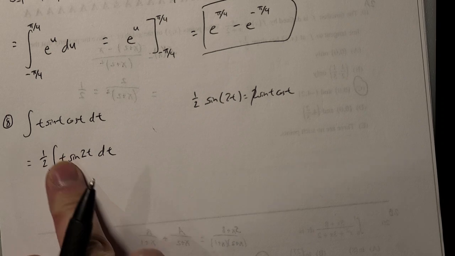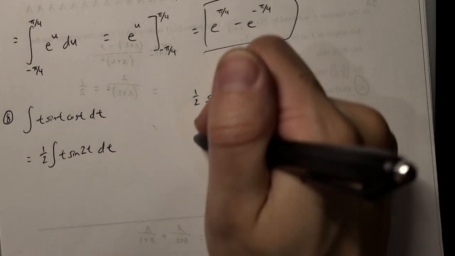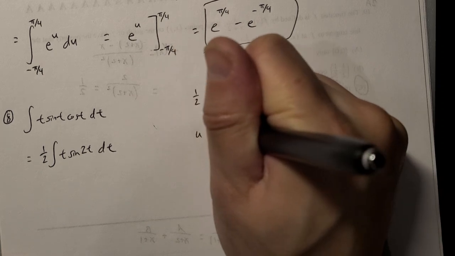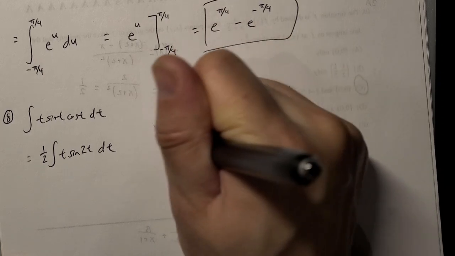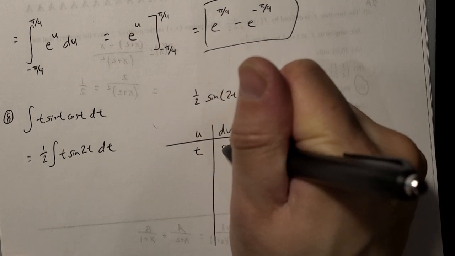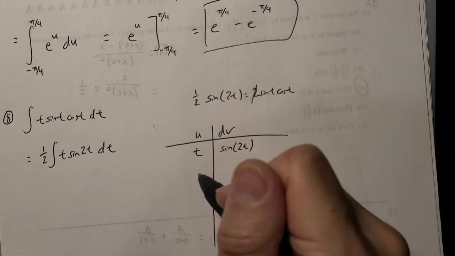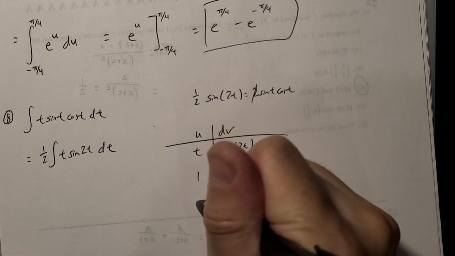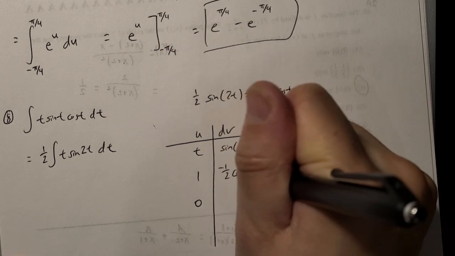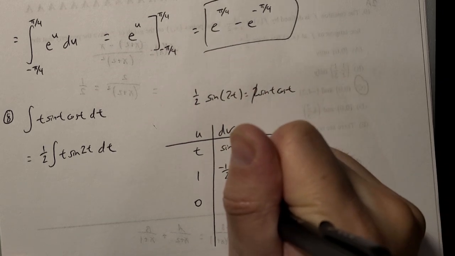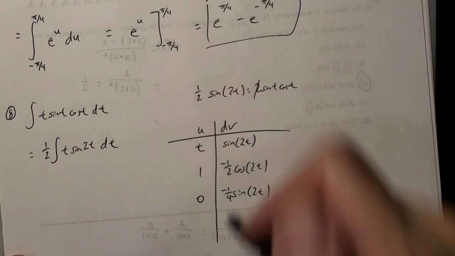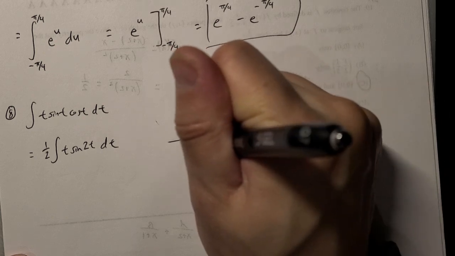Okay, so here is the classic integration by parts. I'll do the tabular method for those of you that might not have seen it. We choose u and dv exactly the same as before. u would be t, because we want to reduce that power, and over here is sine 2t. We differentiate u until we get to 0. Here we integrate just as many times. So it'll be negative half cosine of 2t, here would be negative 1/4 sine of 2t. Then we go diagonal, and we also add a sign.